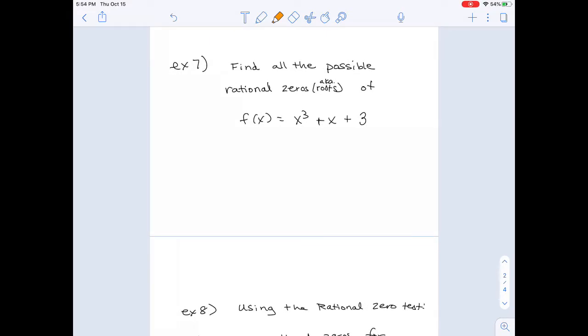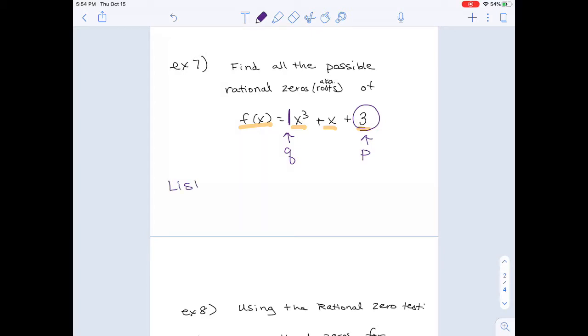So let's talk about what that even means. Find all the possible rational roots of f of x equals x cubed plus x plus 3. So again, I'm going to look at my coefficient on my biggest term. We call this q. We look at the constant term here, we call that p.